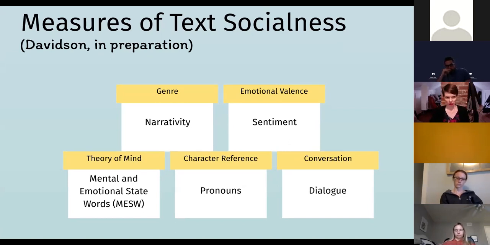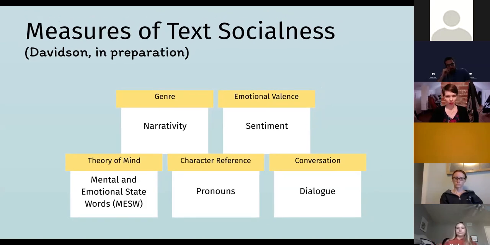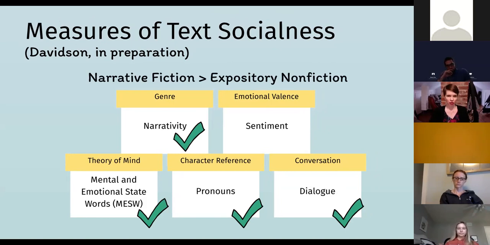I'm not going to go into the details of this series of studies, but we do see that narrative fiction has the more narrative-like genre, higher mental and emotional state words, higher incidence of pronouns, and higher dialogue. It still needs to be worked out exactly how all of these specific aspects could potentially be contributing. But I wanted to mention this because in the current work, we use these measures to specify what we mean by our social versus non-social, or more social versus less social texts.